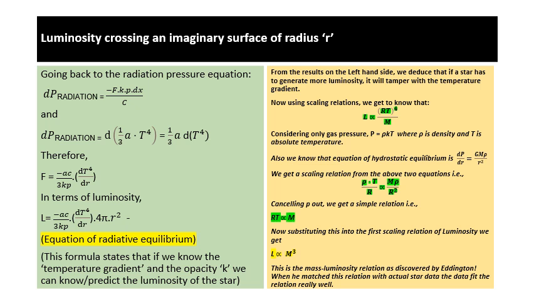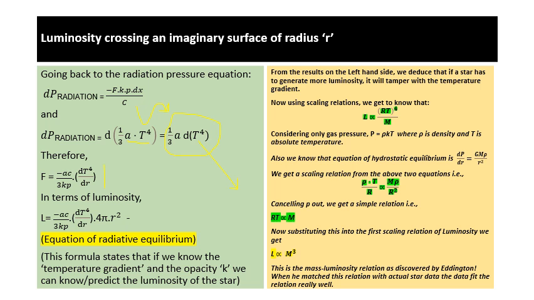We also know that it was equal to 1/3 times the Stefan's constant times the temperature raised to the power 4. After doing a differential of it, we get this particular term. Because temperature is varying, we don't differentiate it as a constant. It is a variable. Therefore, if we compare these two equations, we get this.